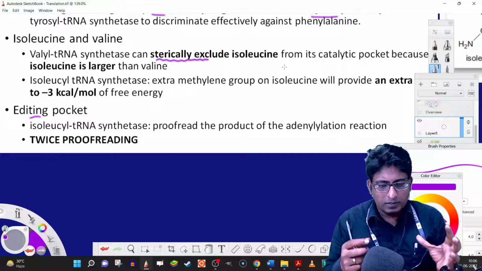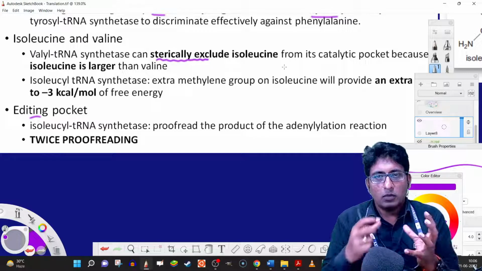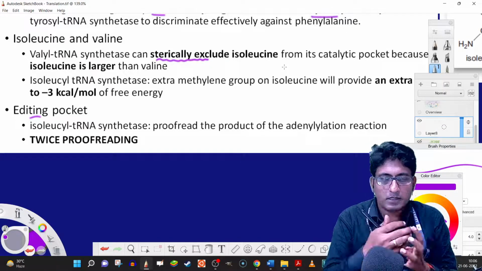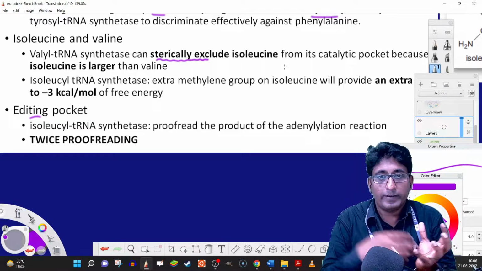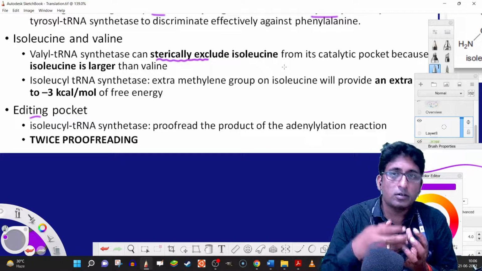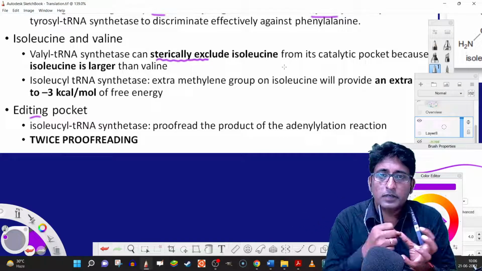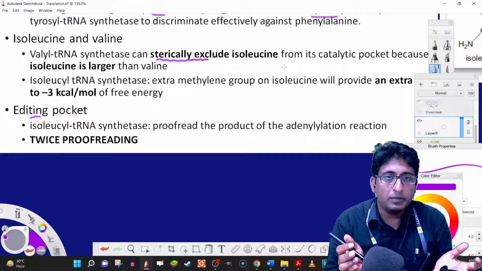And as is the case with all enzymes, it's all about the interaction of the reactants with the enzyme and also the products with the enzyme. When the reactants are not right, they will be eliminated. If the products are not right, a reverse reaction can happen.